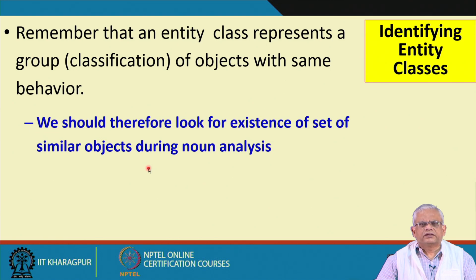We will see that the entity objects typically occur in groups. For example, book: there are thousands of books, they occur in a group. Let us say library member: there are several library members and they occur in a group.